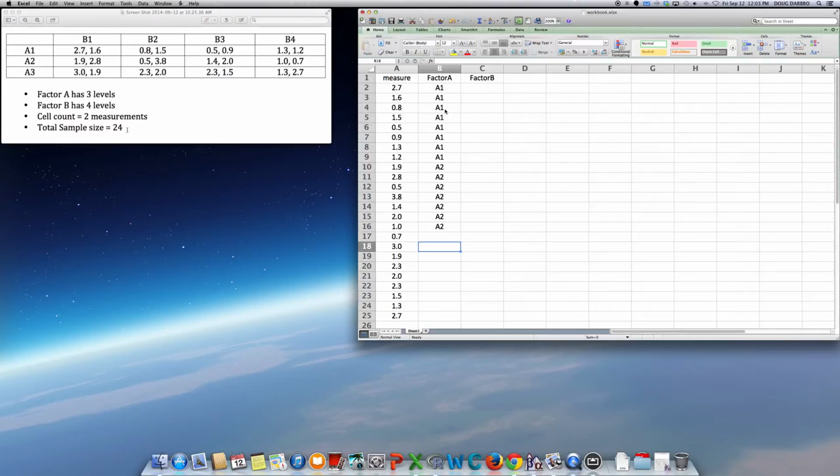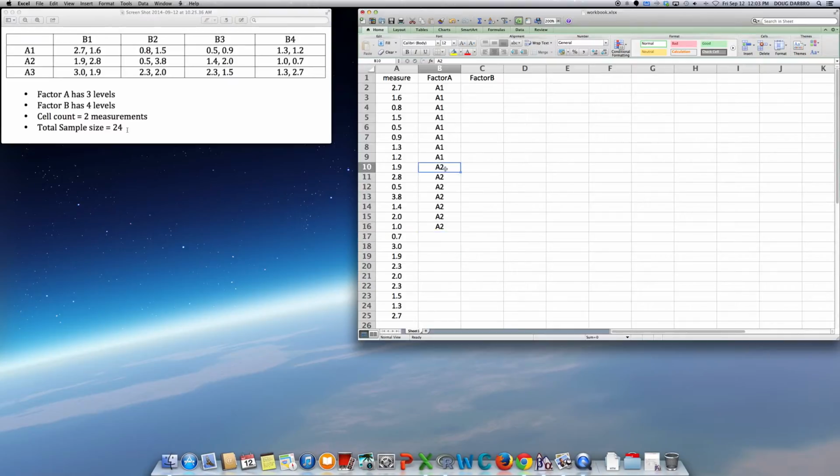So what do we have there? We have 1, 2, 3, 4, 5, 6, 7. So I need 1 more. And my next measurements are from A3. And I have my factor A measurements taken care of.